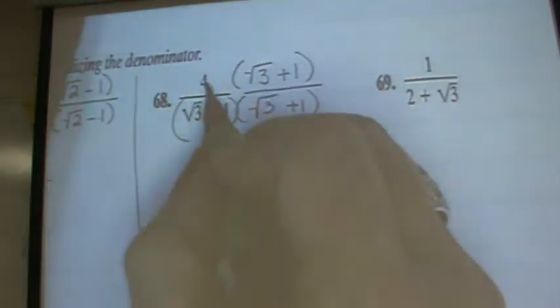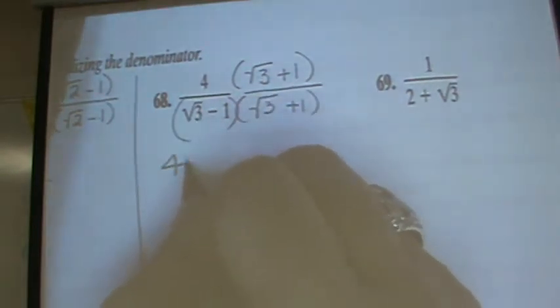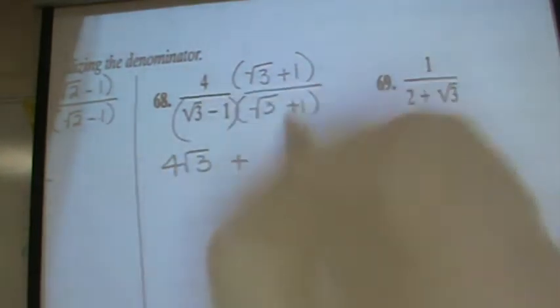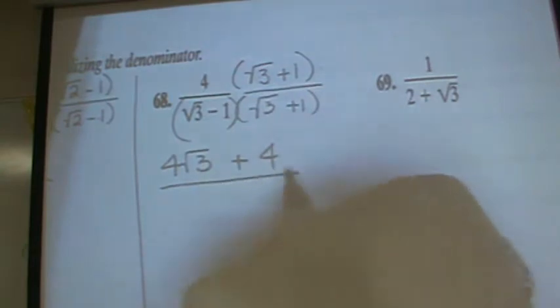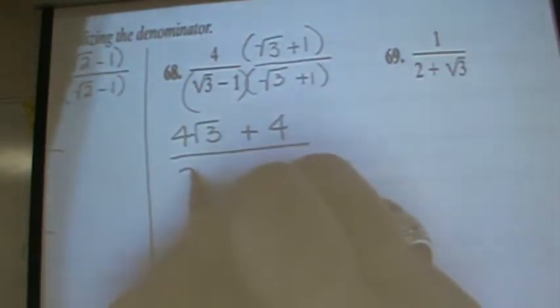Next one, 68. We have root 3 plus 1 is our conjugate. So move it across. 4 root 3 plus 4 times 1 over root 3 times root 3 is 3.